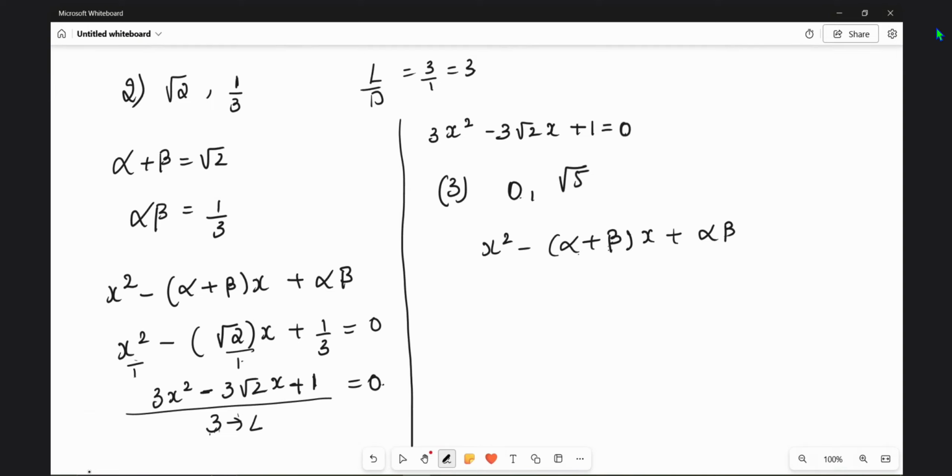Instead of alpha into beta, it is root 5 you have to put. So you will get it as x square plus root 5. Okay. In your book also, I think ma'am also would have written minus C once properly. Or you would have written plus instead of minus, something like that. It is minus only. Okay.